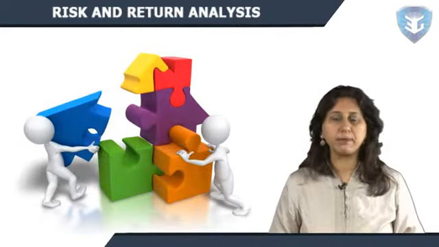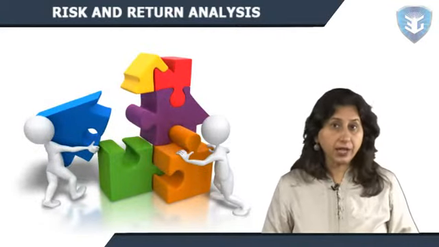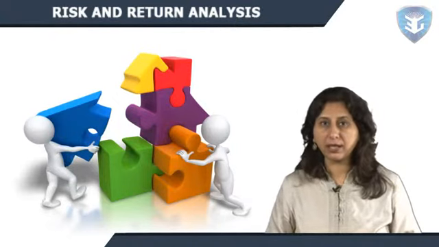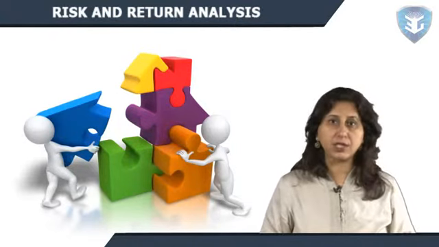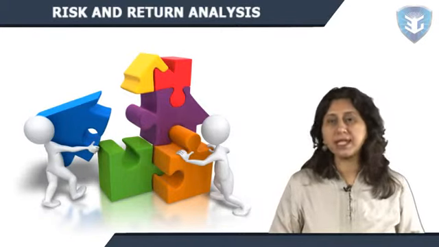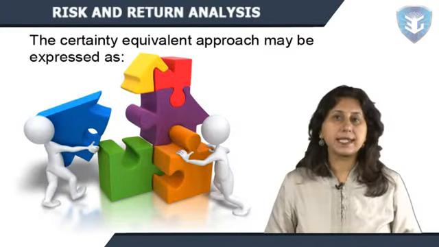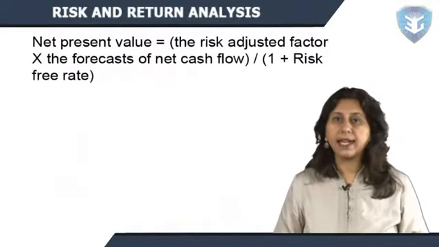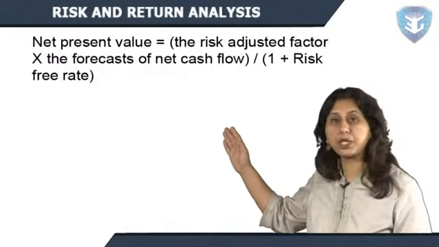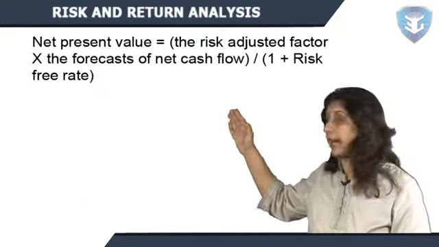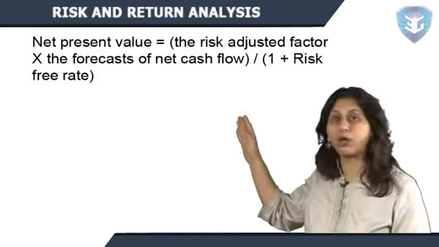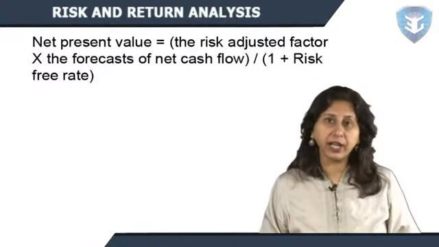Certainty equivalent method. Yet another common procedure for dealing with risk in capital budgeting is to reduce the forecasts of cash flows to some conservative levels. The certainty equivalent approach may be expressed as net present value is equal to the risk adjusted factor times the forecast of net cash flows, divided by 1 plus the risk-free rate.